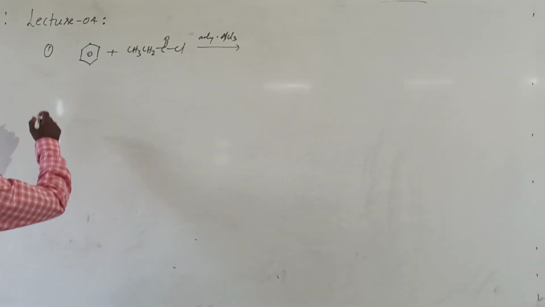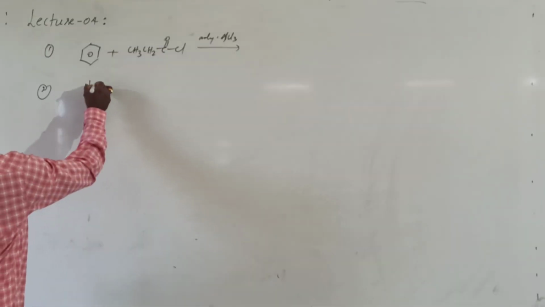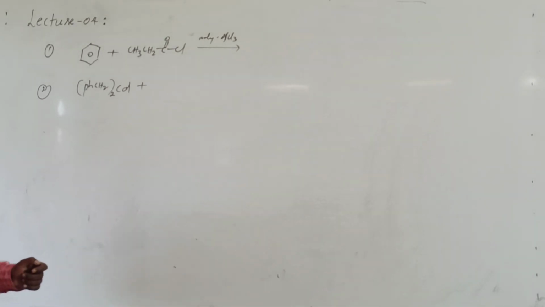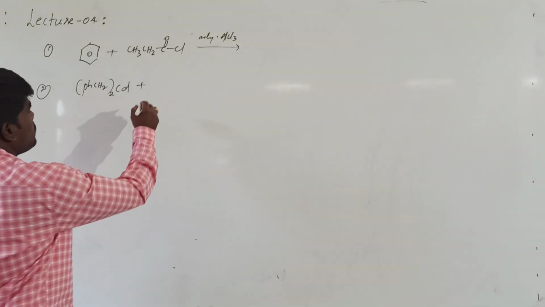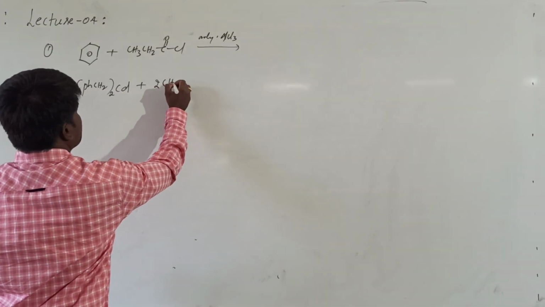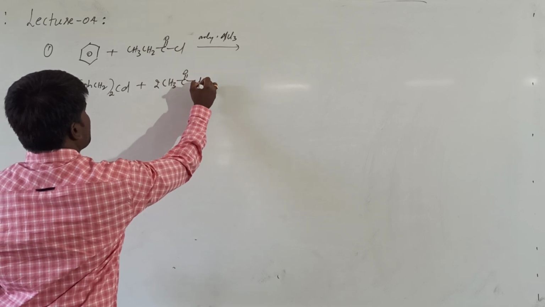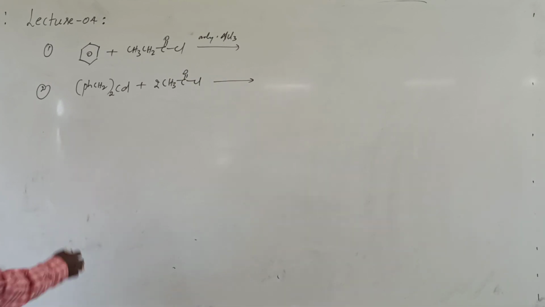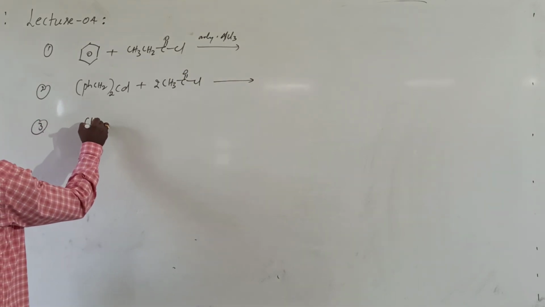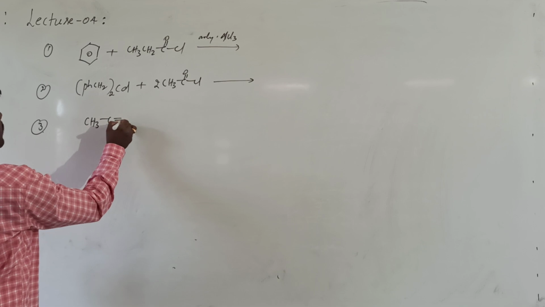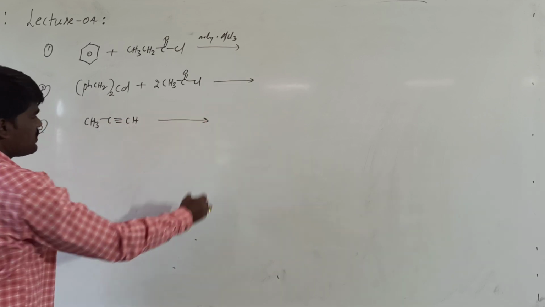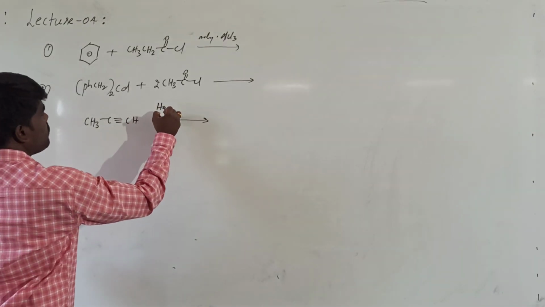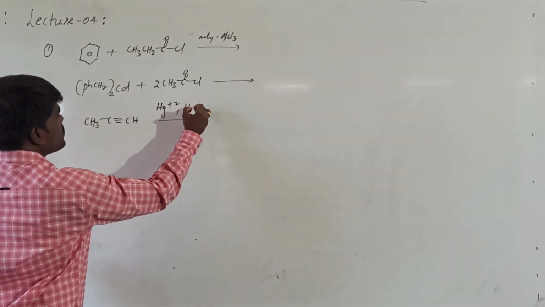And the second one is dibenzyl cadmium on reaction with 2 moles of acetyl chloride. This is another equation he has given. The third one is propyne on reaction with Hg2+, mercuric ion, and H2SO4.